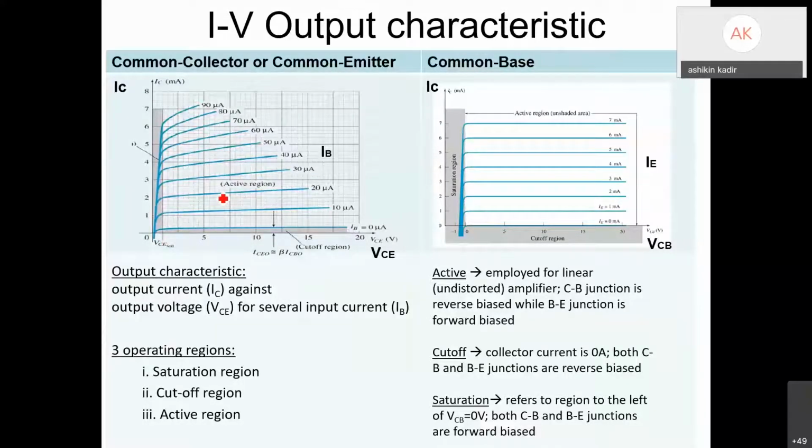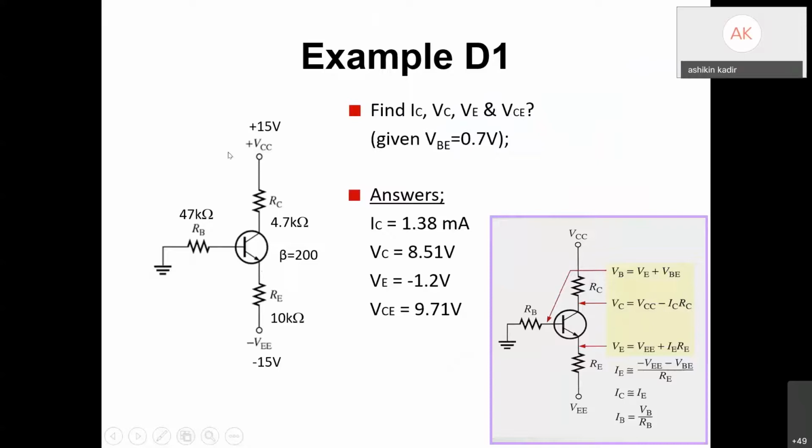The ICQ value that we find must be at the middle of the graph. As long as it does not give IC with VCE 0, that means the IC that we find is ICQ. For this case, the IC is 1 milli and your VCE is 9.7, so your VCE is not 0.